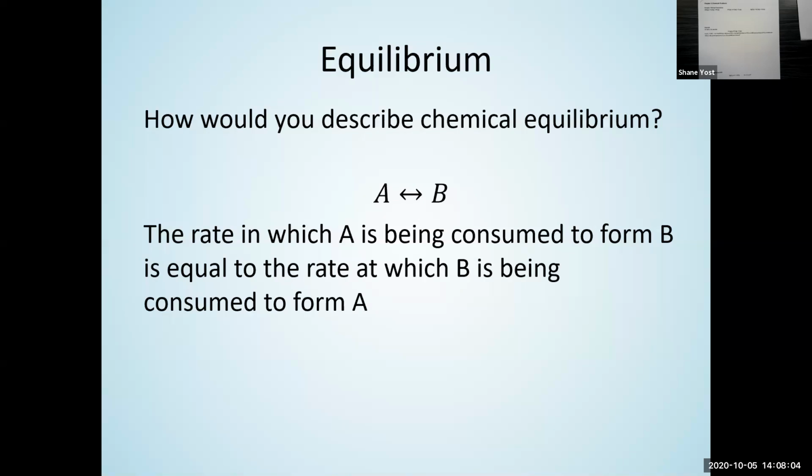But there are plenty of reactions out there where reactants form products and products form reactants, and both of those reactions, A going to B and B going to A, can happen, potentially at similar rates. Those reactions reach equilibrium when the rate at which A is being consumed is equal to the rate at which B is being consumed.